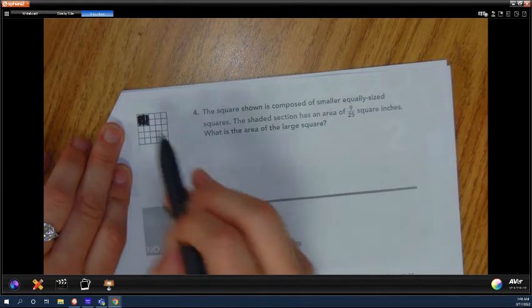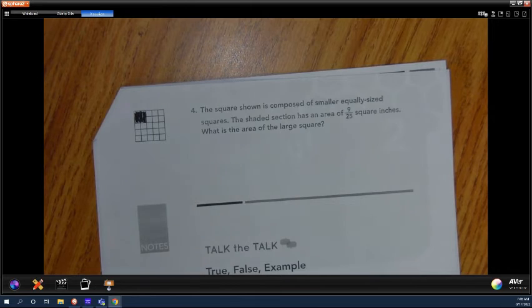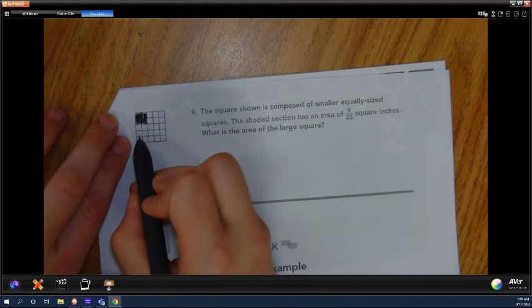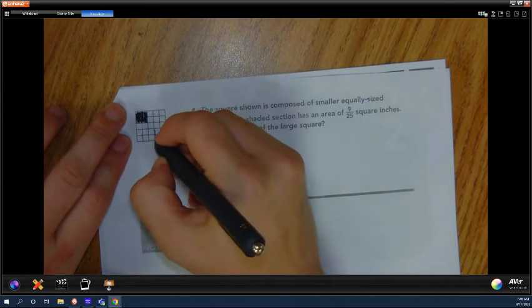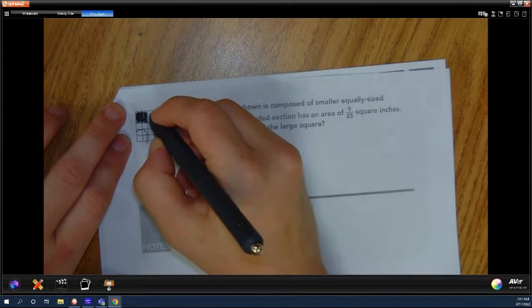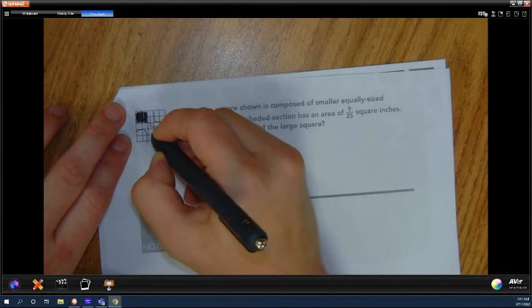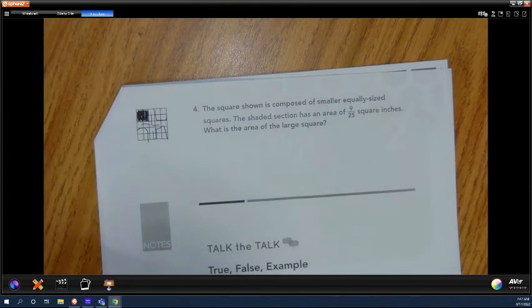So this area is 9 over 25. I need to know the area of the larger square. Well, let me see. Can 9 over 25 reduce any more? Nope, it is there forever. All right, so let's see. I have 1, 2, 3. That's 4. 4, 5. And let's see. 2 and 1/4 square inches.